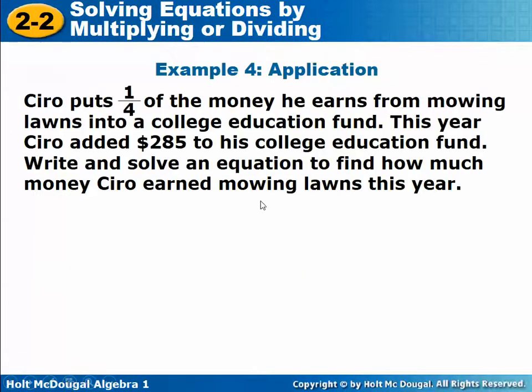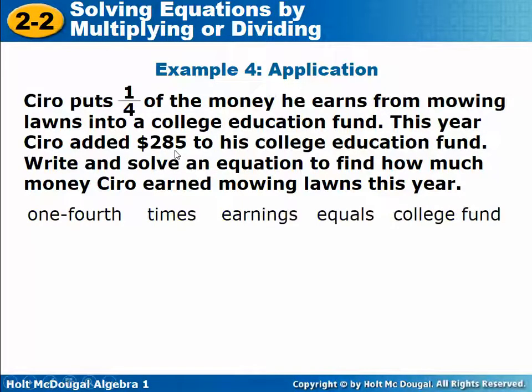And there's one more. This is an application problem similar to the one that's in your textbook. Ciro puts 1/4 of the money he earns from mowing lawns into a college education fund. This year he will add $285 to his fund. That's not a lot of money. Write and solve an equation to find out how much he did earn mowing lawns this year if he put 1/4 of the total into his college fund and it equaled $285.